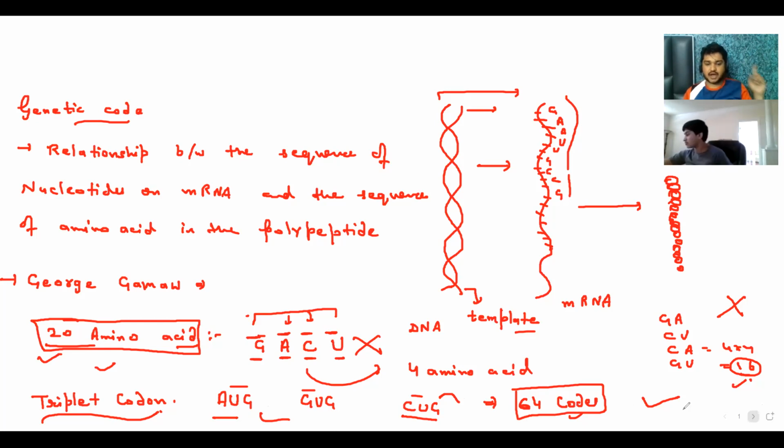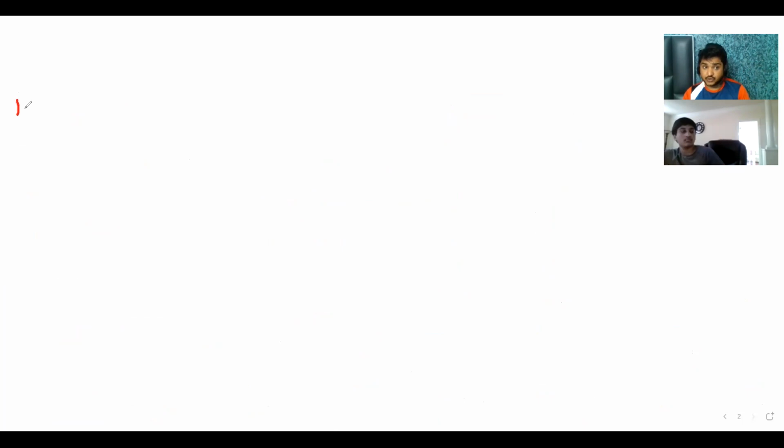Now there was an Indian scientist, you have to remember for the purpose of the NEET examination, Har Gobind Khorana. He worked really well in the field of genetics. So he synthesized an RNA molecule of definite combination.